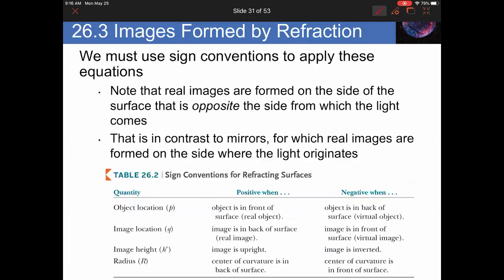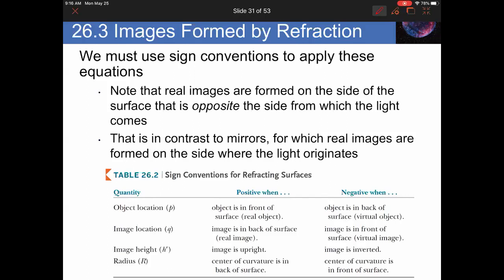Anyway, for this type of problem, we use a sign convention that applies to this equation. Note that real images are formed on the side of the surface that is opposite to the side from which the light comes in. That means the same side as the refracted light. That is now the positive side. Remember, for mirrors, the front was positive, because that's where the light was reflecting.